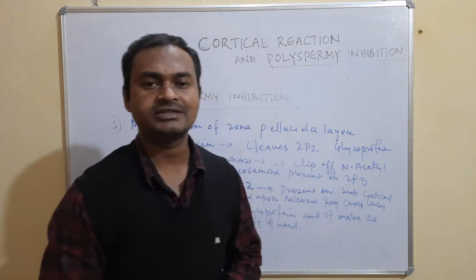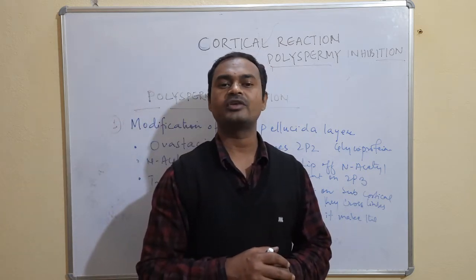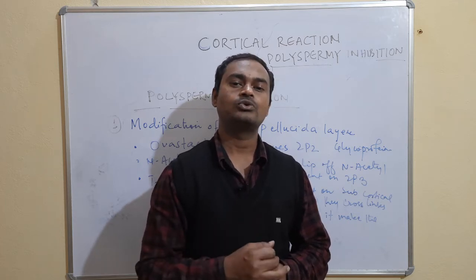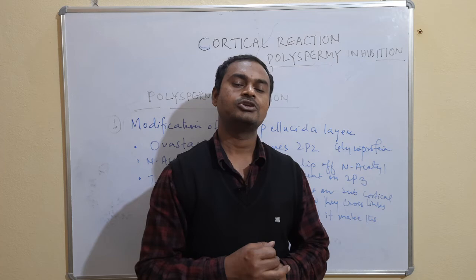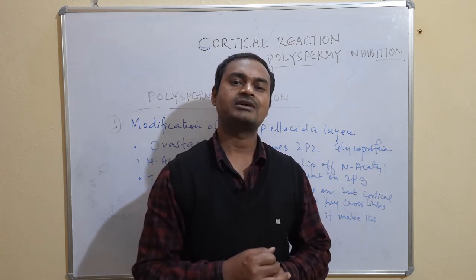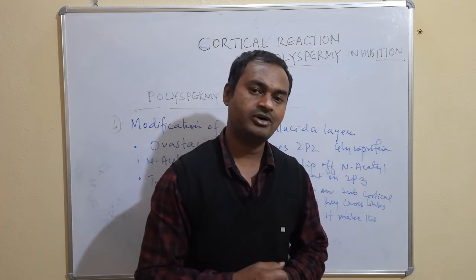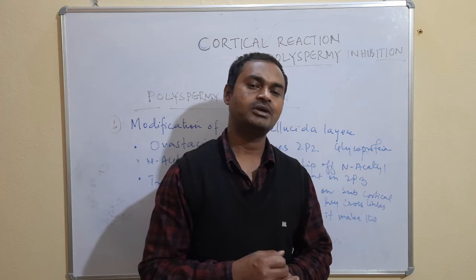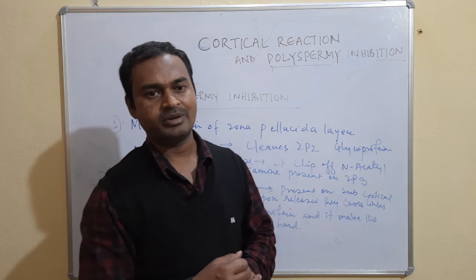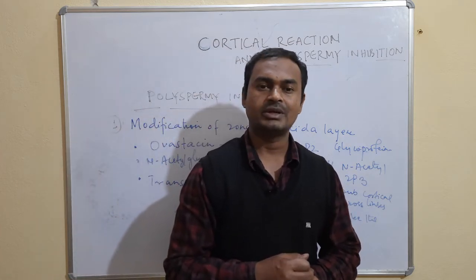The second one is N-acetyl glucosaminidase, which is responsible for the clipping of the N-acetyl glucosamine present on the zona pellucida, through which the glucosyl transferase of the sperm binds. Okay, after this modification of the zona pellucida 2 and 3, no more sperm will be able to bind with the zona pellucida membrane, and hence it could not traverse through the zona pellucida membrane.